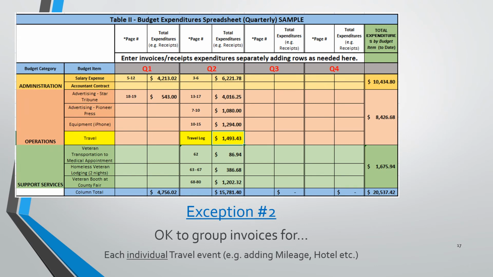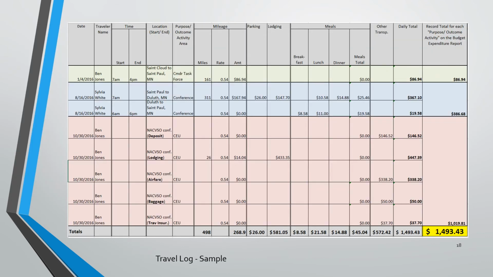For travel-related expenses, the grantee will list the grand total from the travel log. The reason this is okay is that individual travel-related expenses are listed separately on the travel log, as we'll see in a minute. You may remember this example of a travel log from part 2 of this presentation.